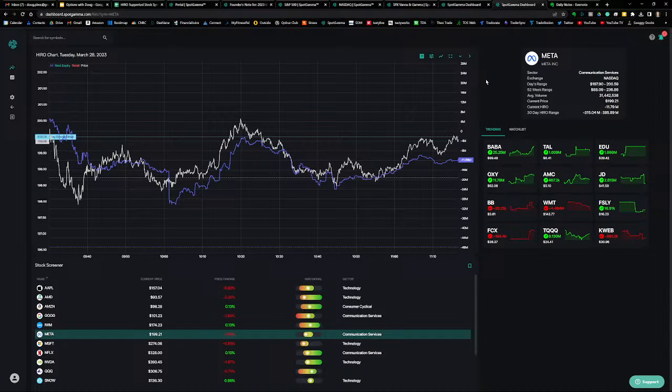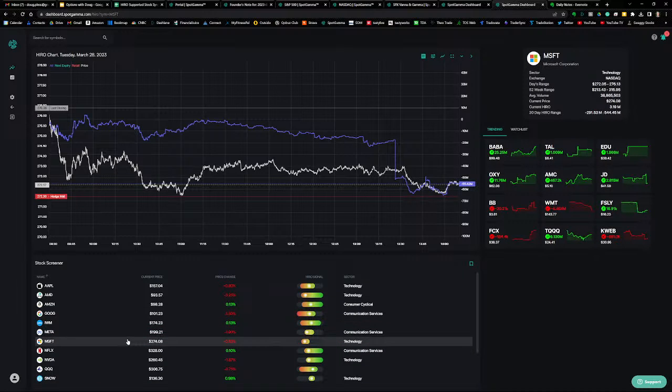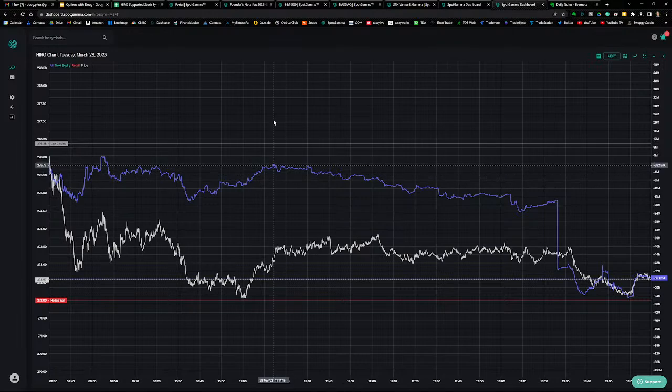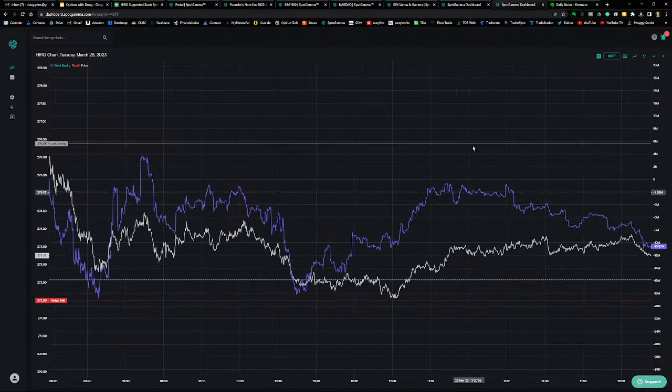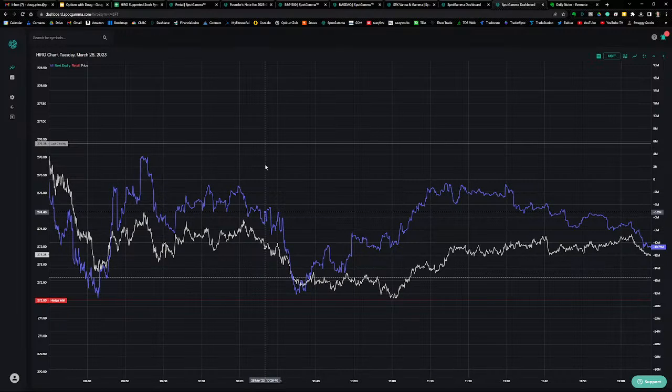And the next, Microsoft. I'm going to zoom in on this. And for Microsoft, the call wall did decrease. So just on the surface, that one thing is somewhat bearish.